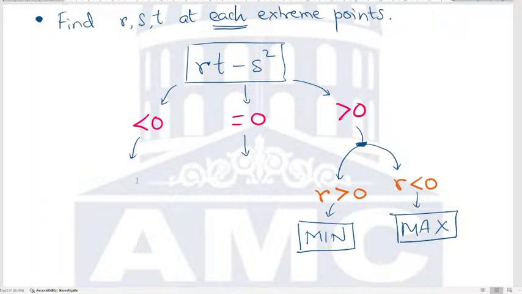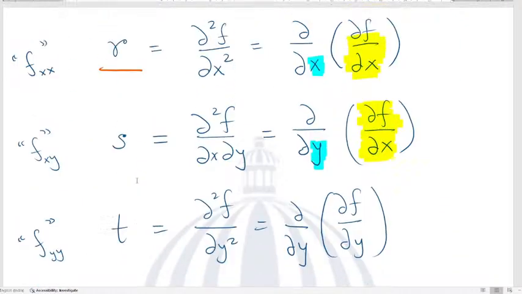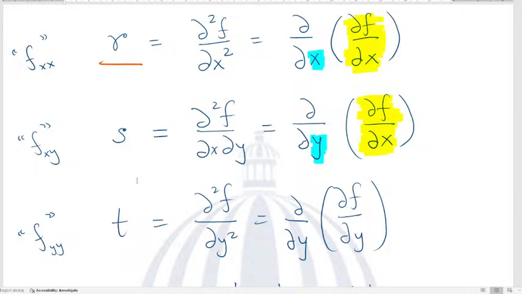So what we did is that we found out the second order derivatives r, s, and t. r is the second order derivative with respect to x, keeping y as constant.